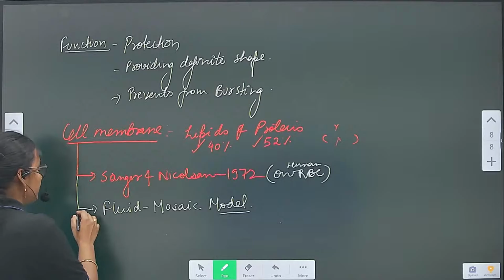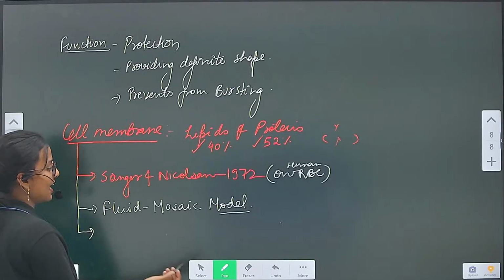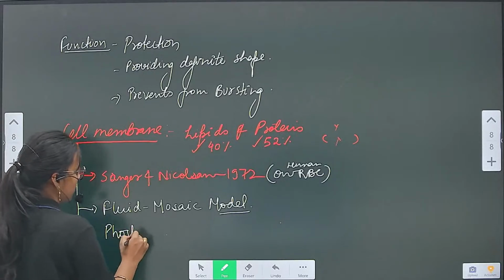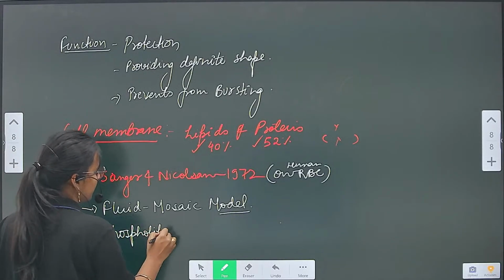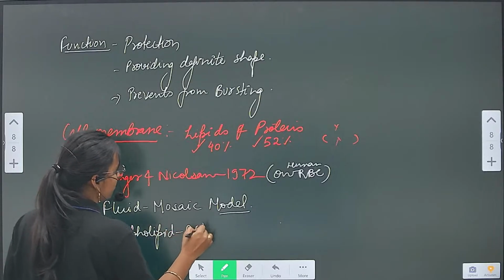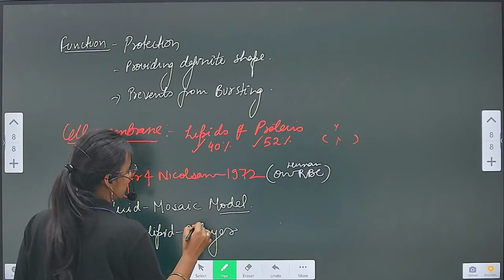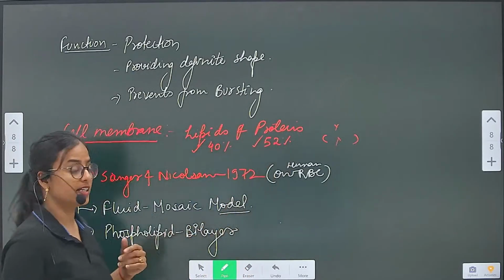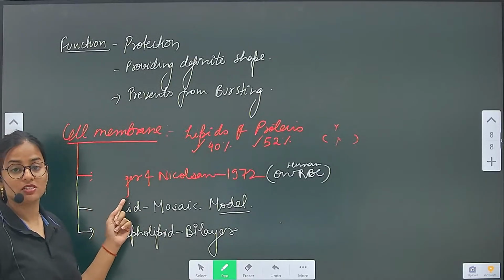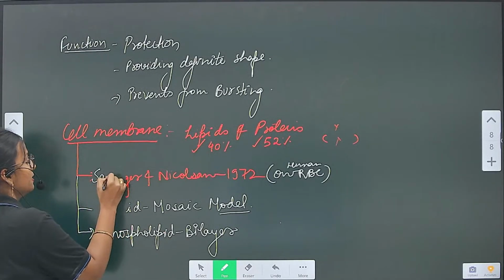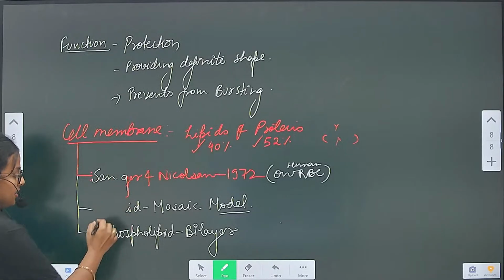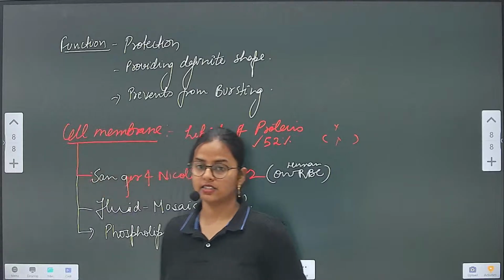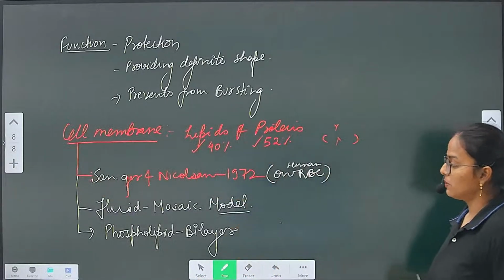Now how does it look like? It is also called the phospholipid bilayer. So I am going to make you understand how the plasma membrane looks. Cell membrane consists of lipids and proteins. It was discovered by Singer and Nicholson. It is also called the fluid mosaic model and it is made up of phospholipid bilayer.